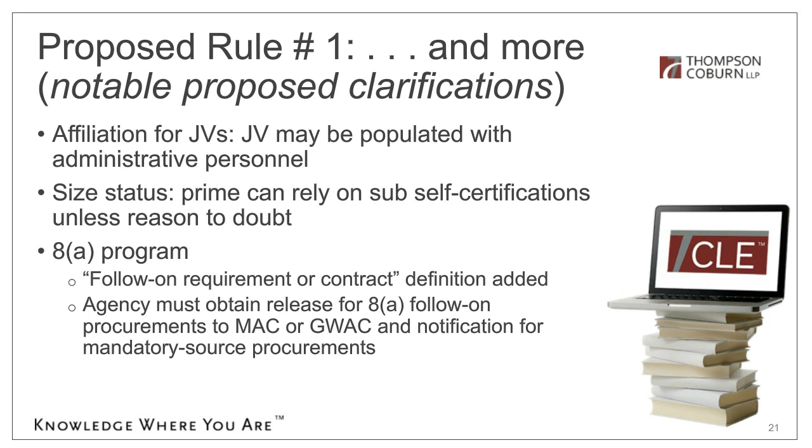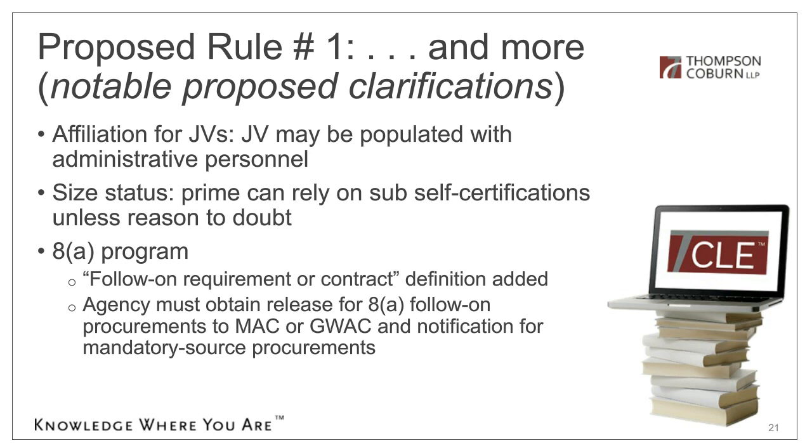One I would note is that the affiliation for joint ventures may be populated with administrative personnel. There was some confusion apparently amongst those in the industry as to whether or not JVs could be populated at all. The regulations prohibit the joint ventures from being populated with personnel who are performing under the contracts.